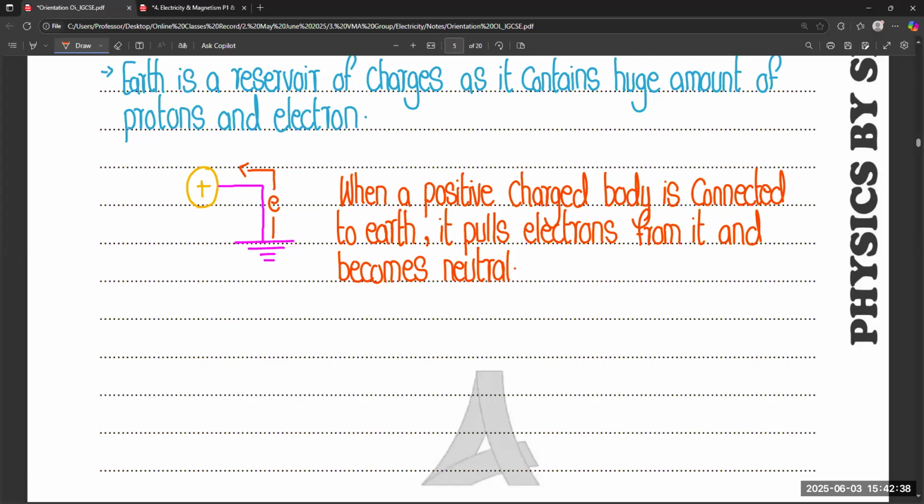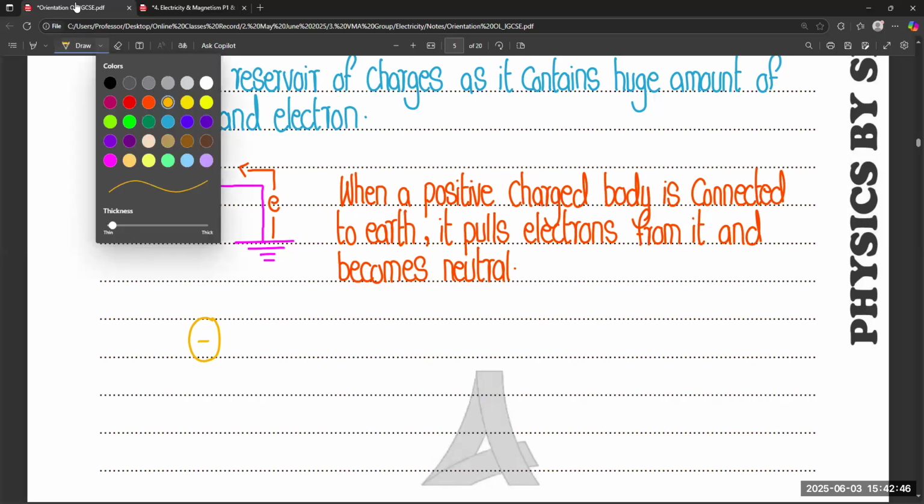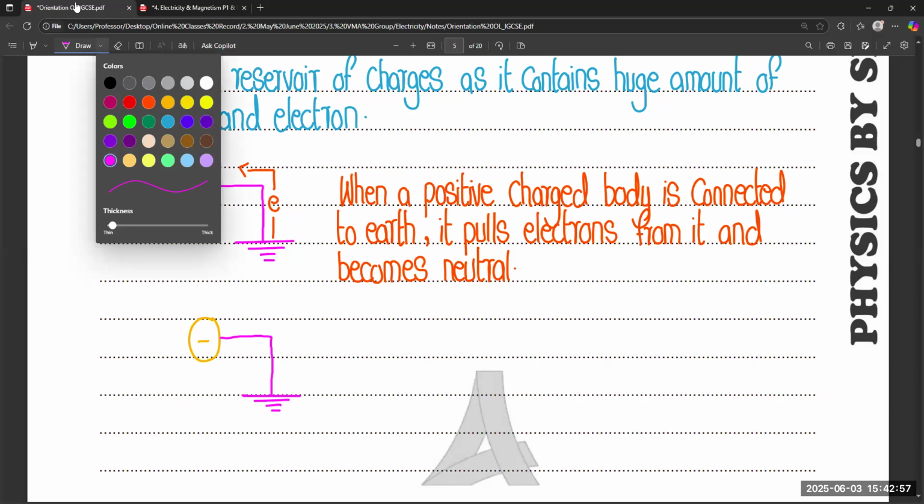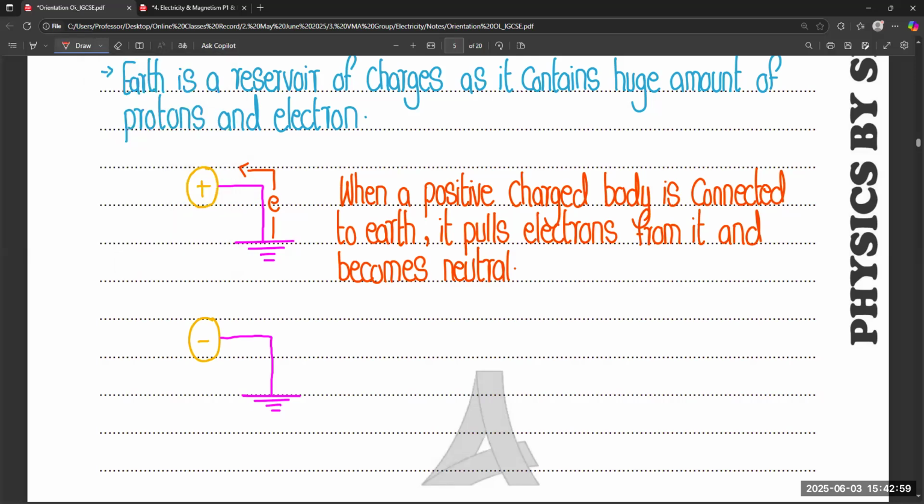Now, the second possibility is if we have a negative charge on the sphere or on the body, so now it is very simple. Electrons are free to move, so definitely electrons travel from this body to the earth side.